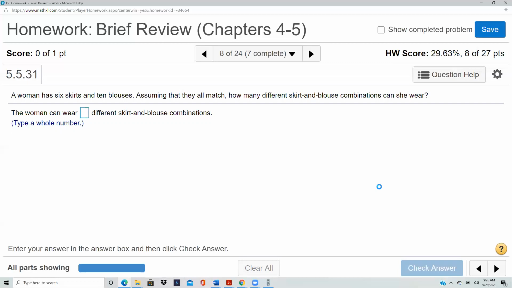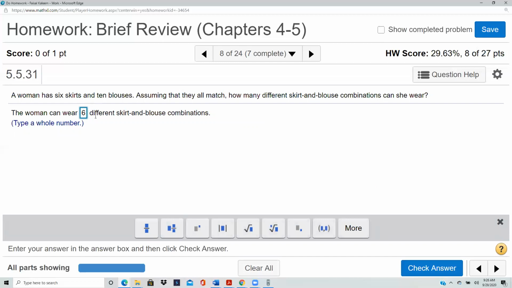And how many choices for the blouses? 10. And what does "and" mean? What's the operation that I put between the 6 and the 10? "And" means multiplication. So 6 times 10 equals 60.